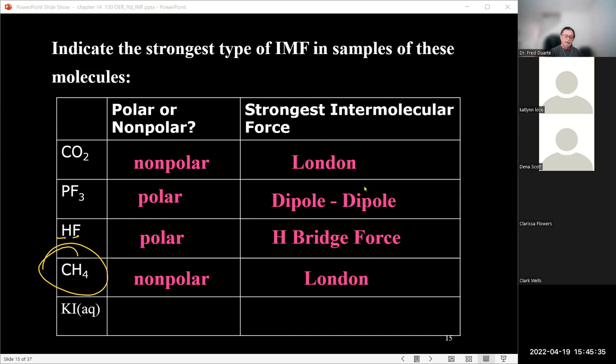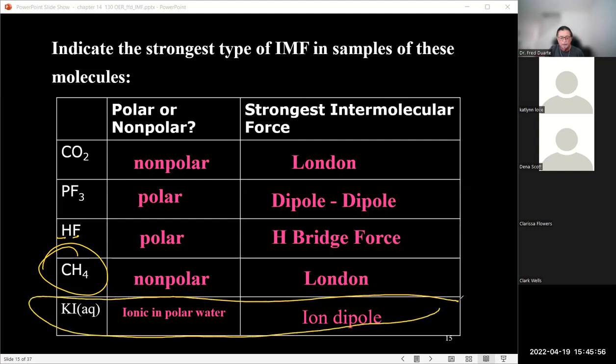All right, then finally the last one, you see aqueous potassium iodide, that is ionic in polar water, and its force is ion dipole. Now, a word about that ion dipole. Notice, in order for that to be true, we must have an ionic compound, plain and simple.